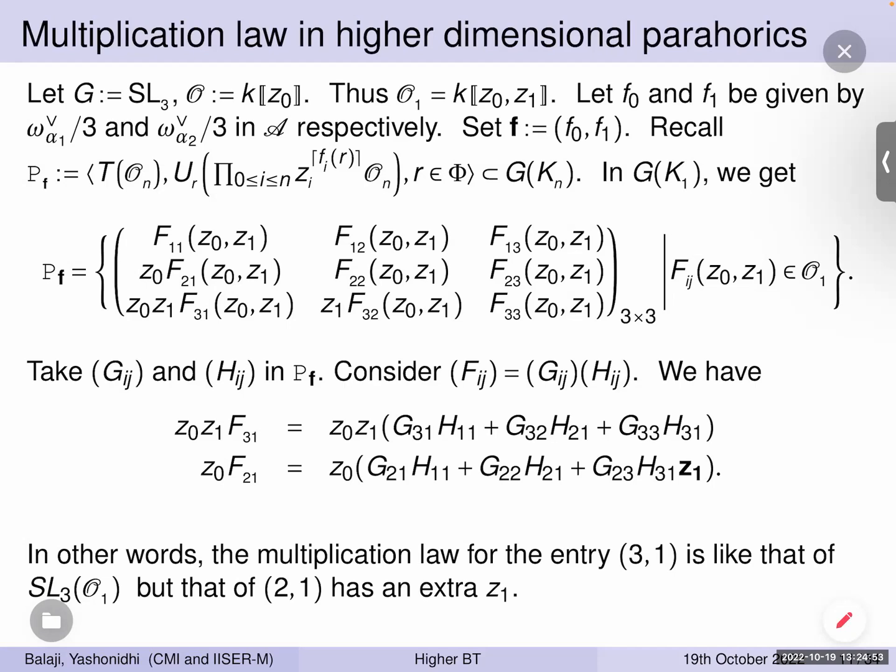Yeah, but the phenomenon I want to show, certainly I have elements of this type in my group P_F, and then I am saying that take two elements of this type and look at their product, which again is of this type.